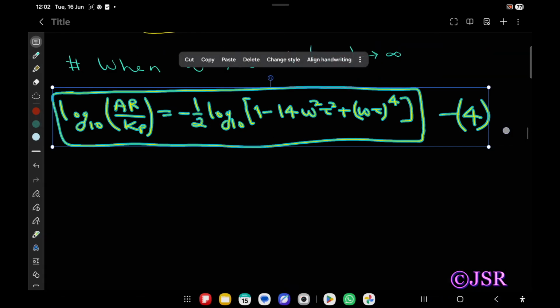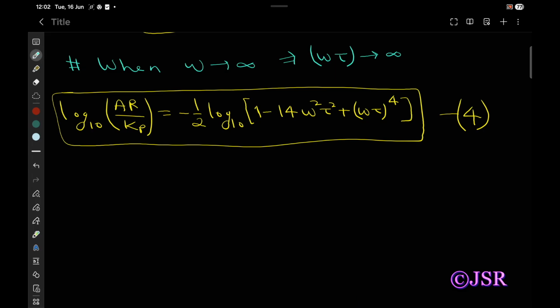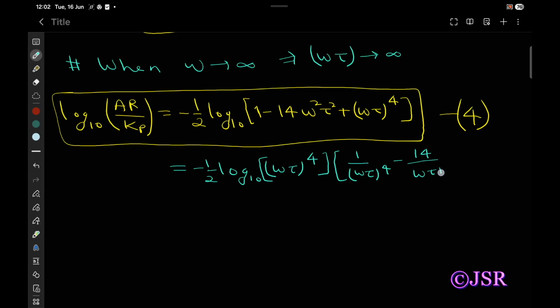So from equation number 4, we can write minus half log 10, and we can take omega tau to the power 4 common, and inside the bracket we will have 1 upon omega tau to the power 4 minus 14 upon omega tau whole square plus 1.